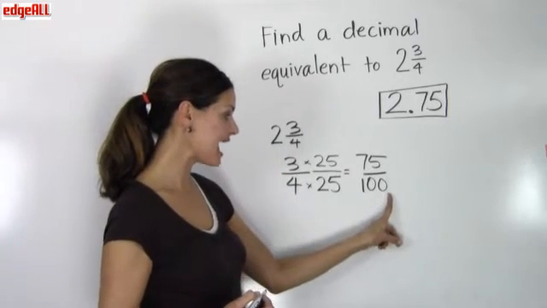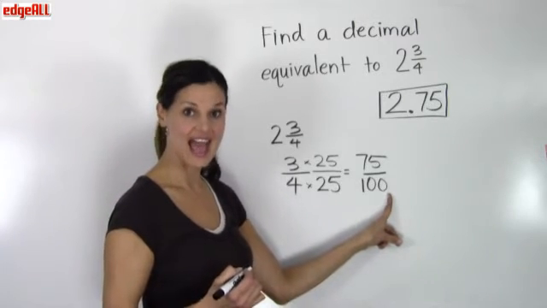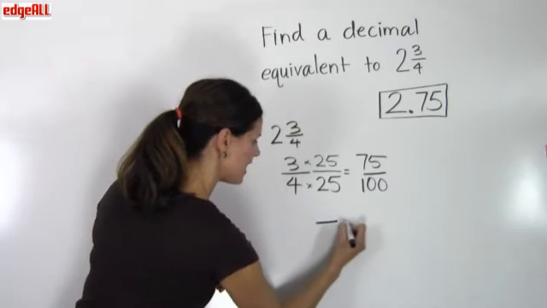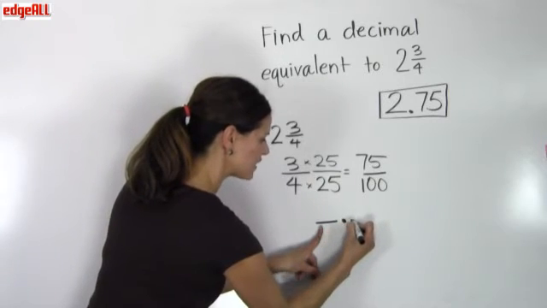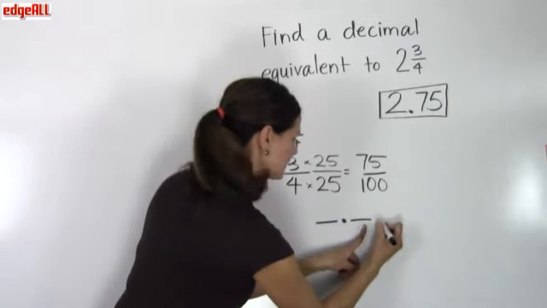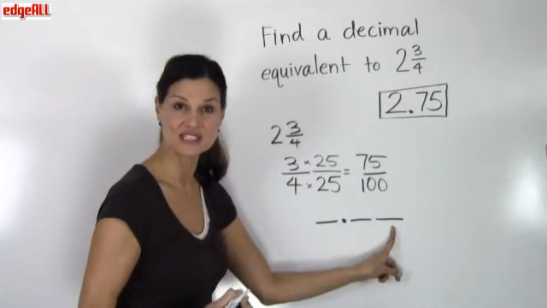And now that I have my fraction in a multiple of 10, I can convert to the decimal. I've got my whole number to the left and then my decimal point. My first position after the decimal point is going to be my tenths place, and the second position after my decimal point is going to be my hundredths place.